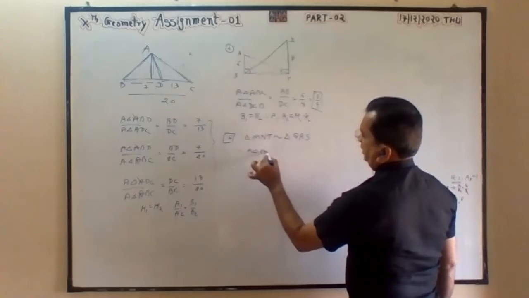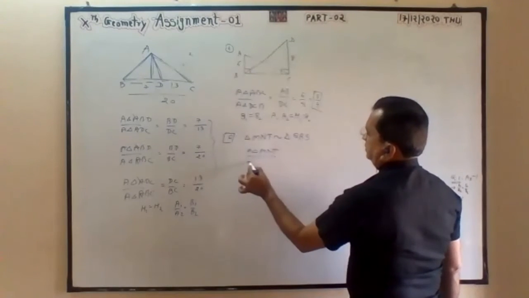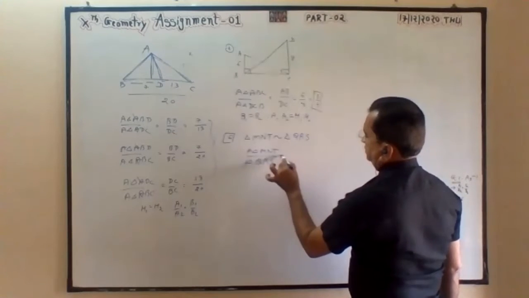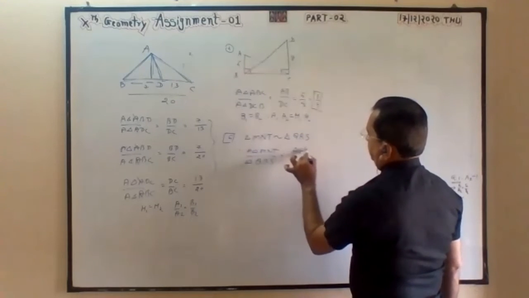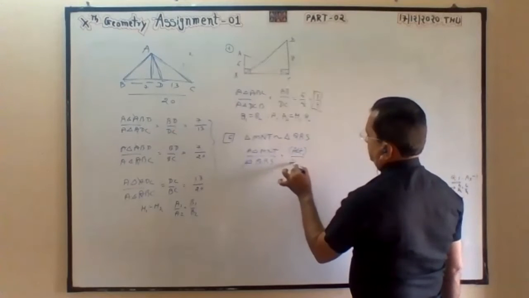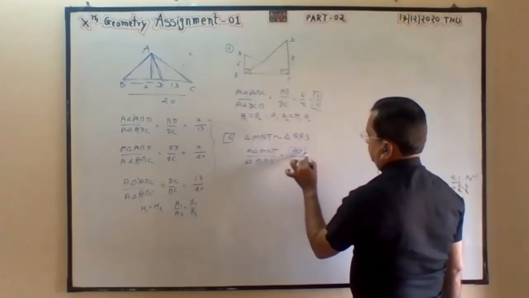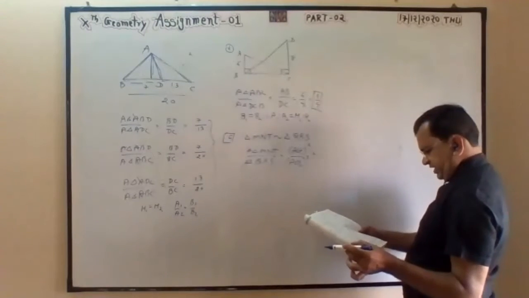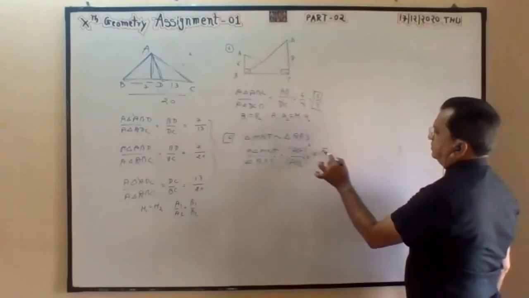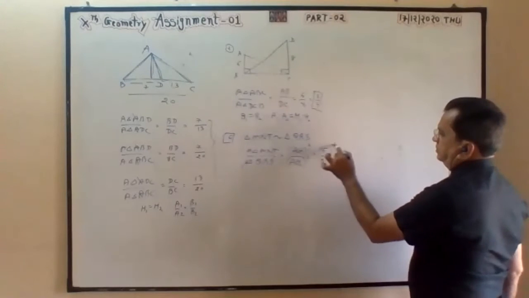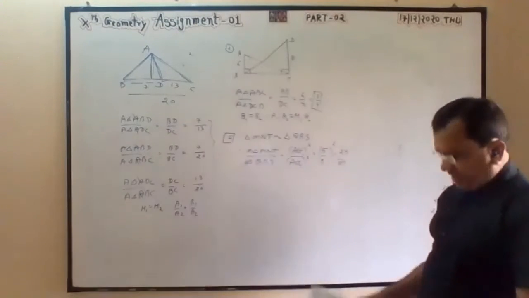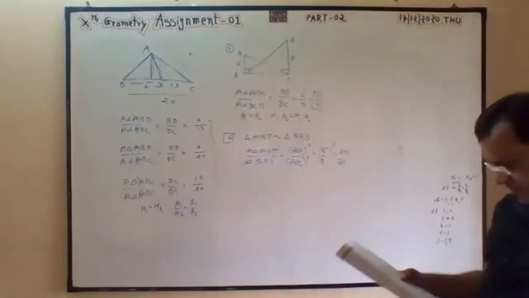Therefore, area of triangle MNT to area of triangle QRS is altitude 1 to altitude 2, squared. That is 5 by 9, so 25 by 81.